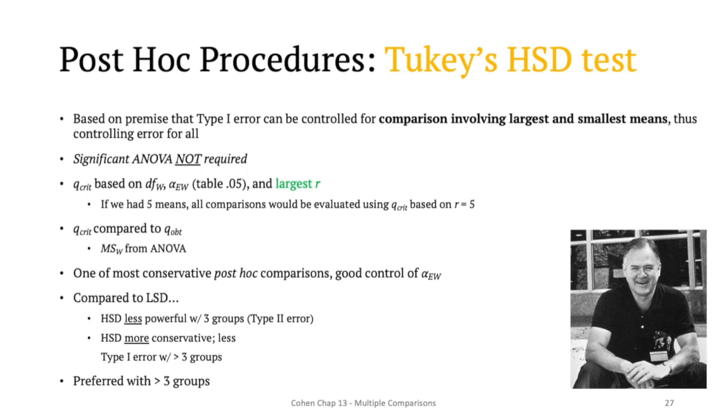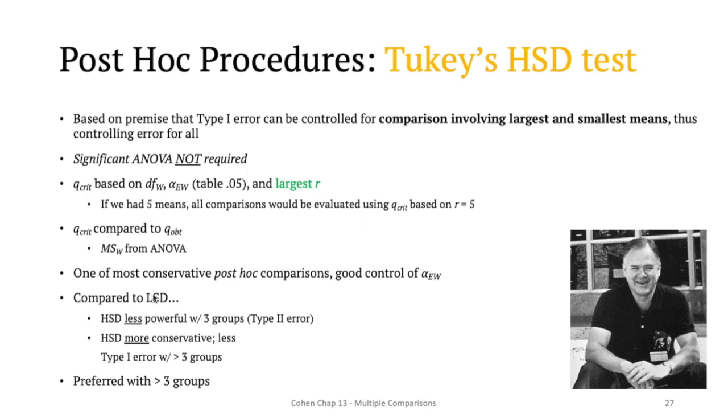In other words, if you compare the worst case scenario and make adjustments for that, then the adjustment should work for other cases as well. So a significant ANOVA is not required for you to use a Tukey's HSD test. And again, it's going to be using the Q distribution, the studentized range Q. It's one of the most conservative post hoc comparisons, so it's really good at controlling your experiment-wise type 1 error.